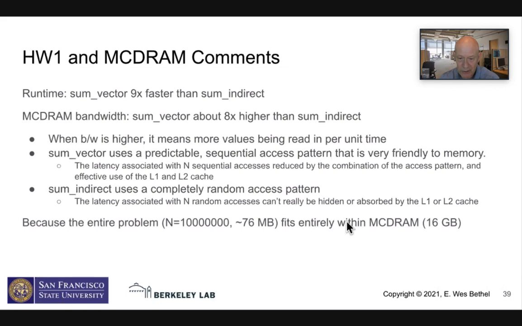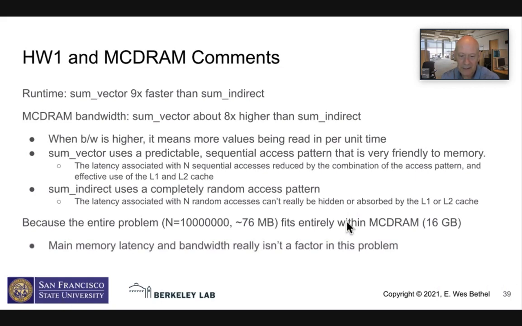Because this is a small problem, it's only about 76 megabytes. So if you multiply that number times 8, because I was using 8-bit ints, it fits easily within MCDRAM. And so those numbers that we saw for memory bandwidth to memory don't mean anything, because this problem never really touched memory. I'm not sure where those numbers came from.